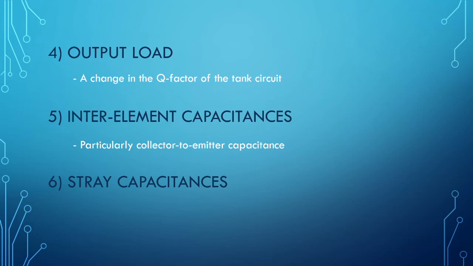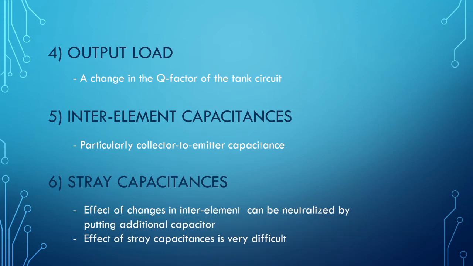The stray capacitance also affects the frequency stability of an oscillator. The effect of change in inter-element capacitance can be neutralized by putting an additional capacitor across the corresponding element. However, it is difficult to avoid the effect of stray capacitance.